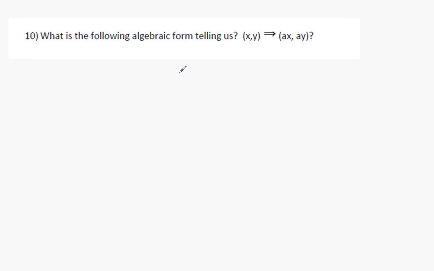Alright, last one. Bonus points. Go get those points. What is the following algebraic form telling us? So (x, y) goes to (ax, ay). So algebraic form, this is talking about transformations. Alright. So when we looked at the benchmark, we talked about when we translate, you took x and y and you added something to it.